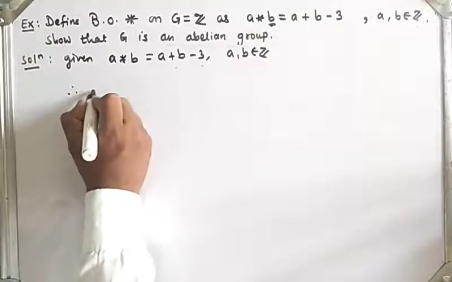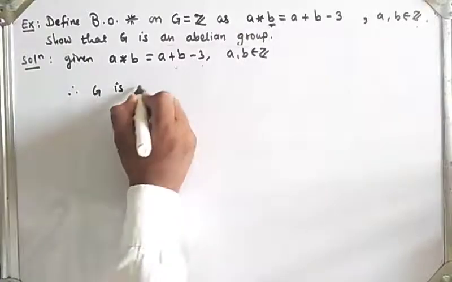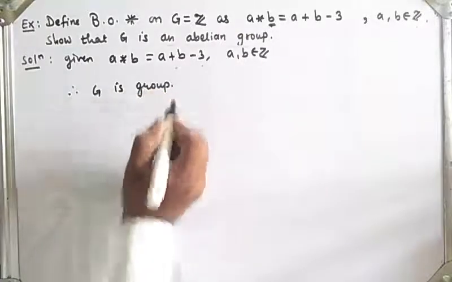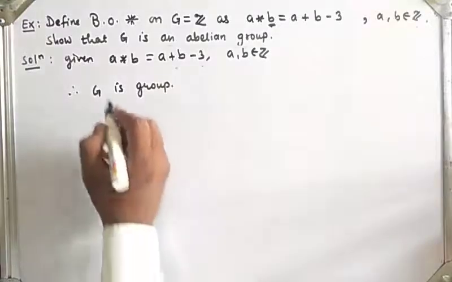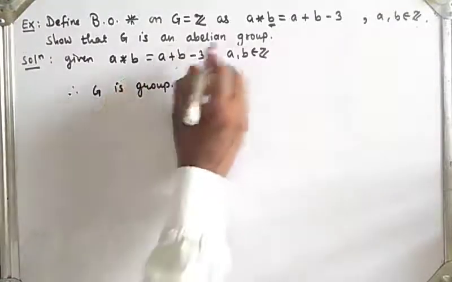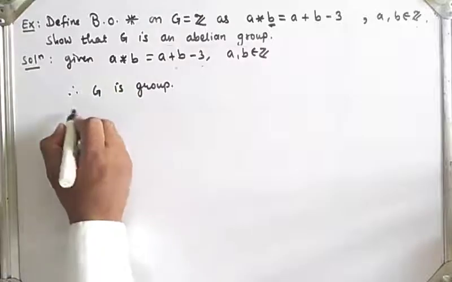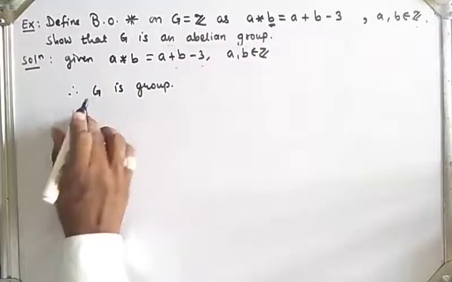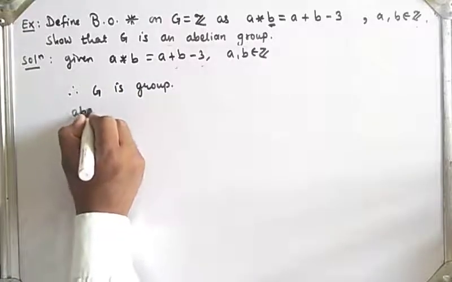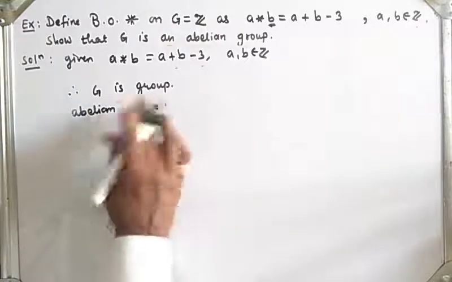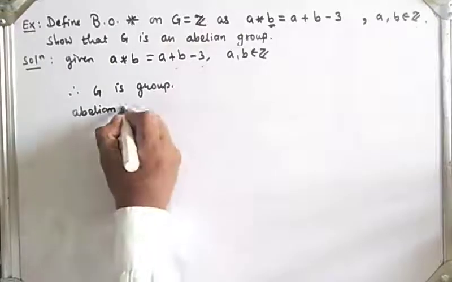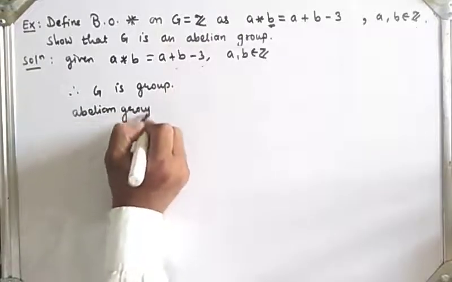Therefore we say that G is a group. Now let's check whether it is commutative or not, the last condition, commutativity, for an abelian group.